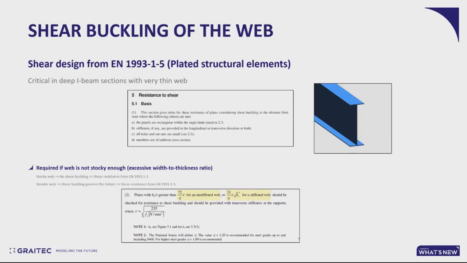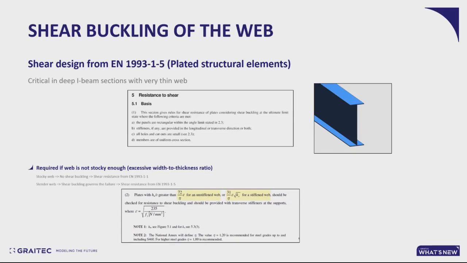So the first thing that Advanced Design will do is to check if this verification is required or not. And for that, it will compare the width to thickness ratio of the web with some limits defined in Eurocode 3 part 1.5. There is a lower limit for an unstiffened web, and if you have stiffeners along the web, you can use a higher limit.